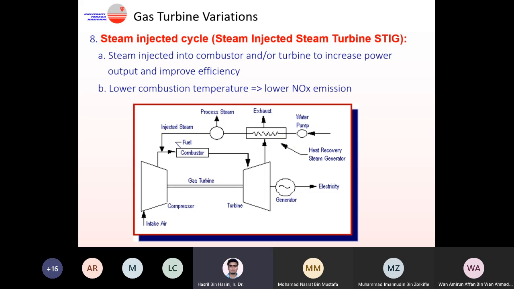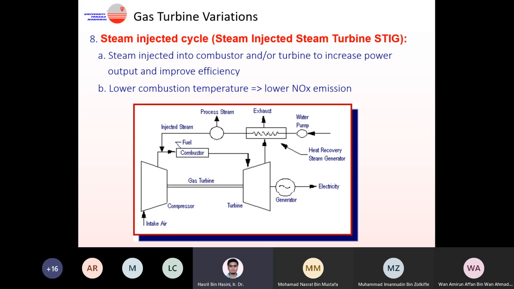I mean, if let's say we are injecting the steam based on this diagram just before the combustor. Okay, you have compressed air that flows into the combustor. You inject the steam. What happens? The temperature will drop. Okay, temperature will drop.